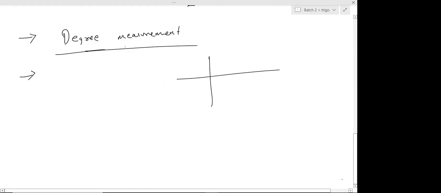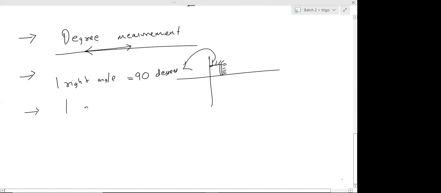Whoever invented this system of measurement, what he did was take a right angle and divide it in 90 degrees. Take one right angle and divide it into 90 equal parts. Each part will be called 1 degree.